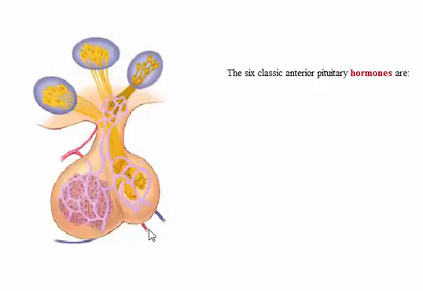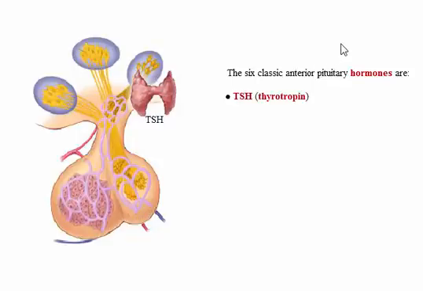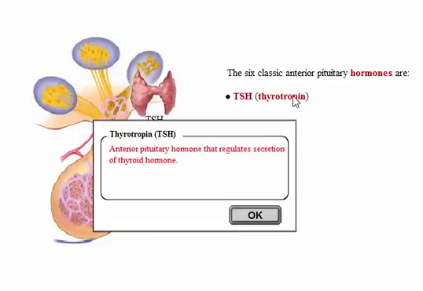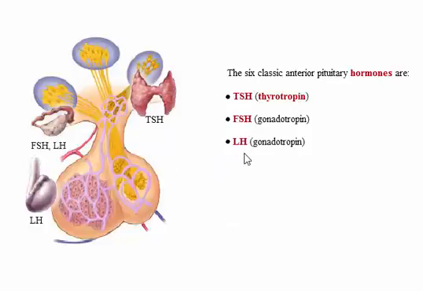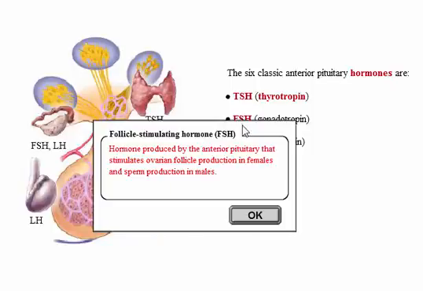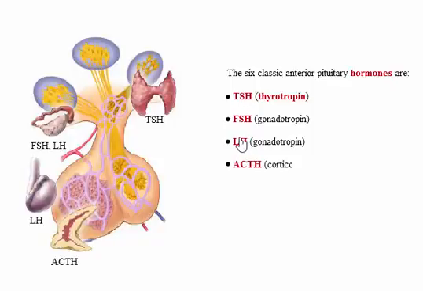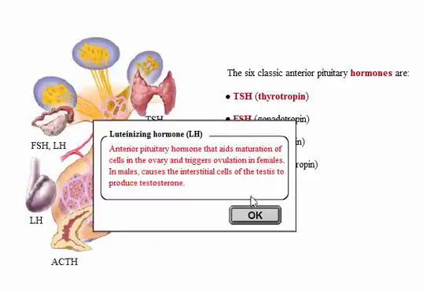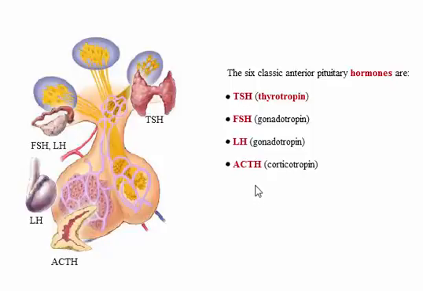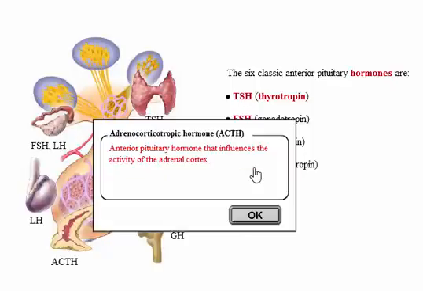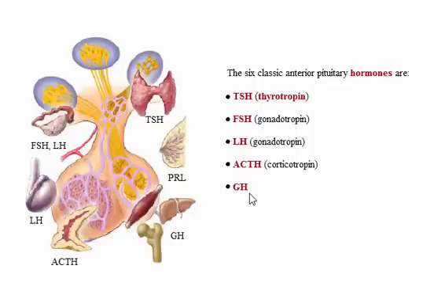We have reviewed 6 hormones secreted by the anterior lobe of the pituitary. They are thyroid-stimulating hormone, or thyrotropin, follicle-stimulating hormone and luteinizing hormone, the gonadotropins, adrenocorticotropic hormone, or corticotropin, growth hormone, and prolactin.